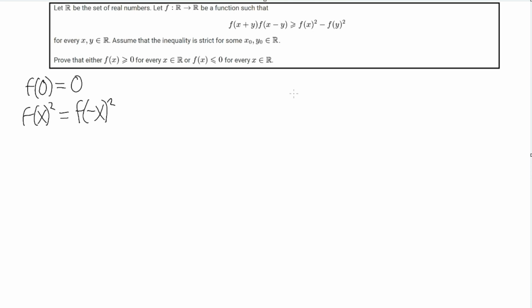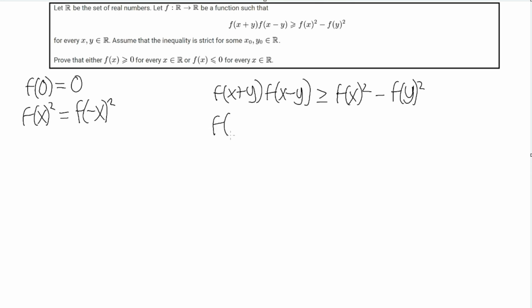So let's see what this approach does in general. So we get the inequalities f of x plus y, f of x minus y is greater than or equal to f of x squared minus f of y squared, but also f of y plus x, f of y minus x is greater than or equal to f of y squared minus f of x squared.